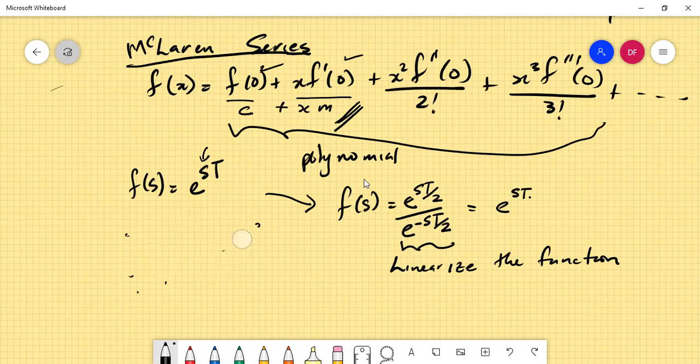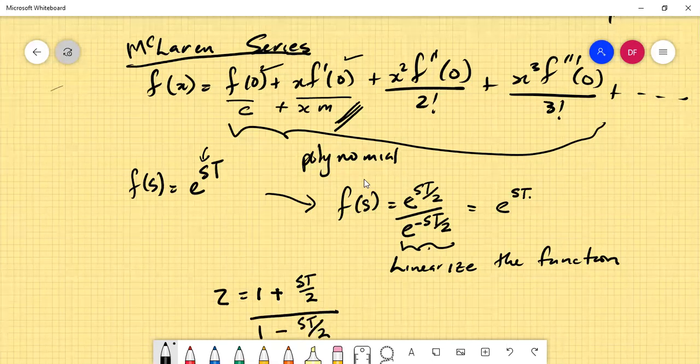So when we linearize the function, we're going to end up with z is equal to, the linear form of this function, 1 plus st over 2, 1 minus st over 2. And we can make s the subject of the formula.